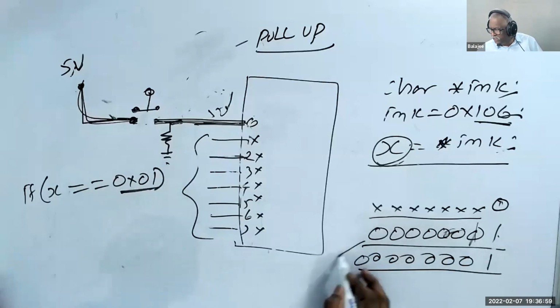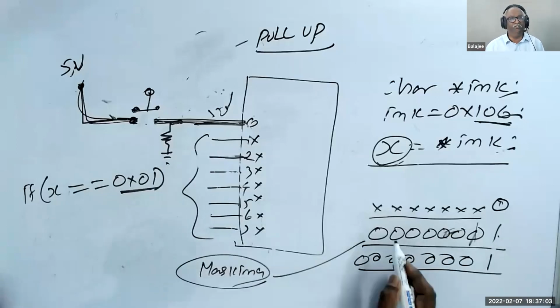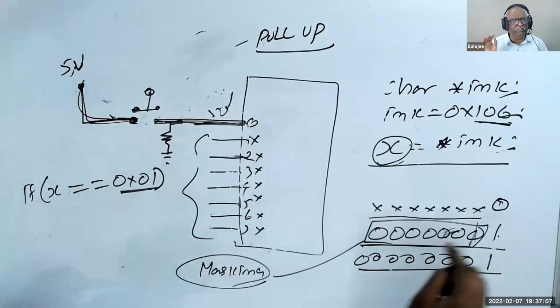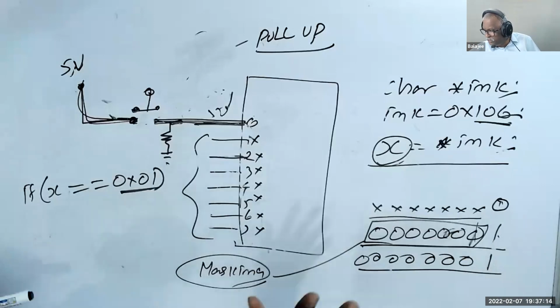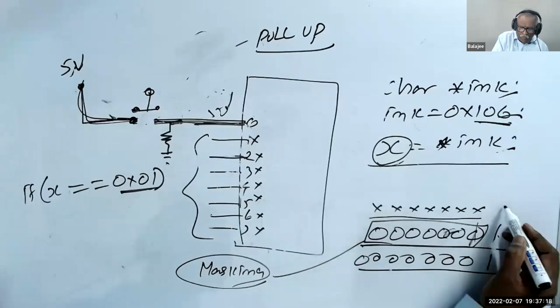I'm masking the remaining how many bits? 7 bits. I'm reading only 1 bit. This is a very important concept. Please understand. These are all very basic C programming, but how I'm using it on embedded is very important. I'm reading only 1 bit. Now, when I press the switch, this becomes 1. Now I get 01. That's how I've written the program now.